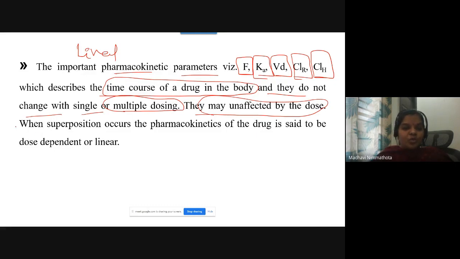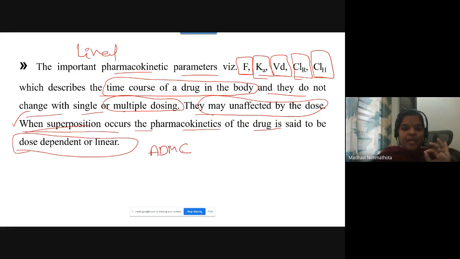So when this superimposition occurs, the pharmacokinetics of the drug is said to be dose dependent or linear. Generally, our aim is that ADME is superimposed to derive the PK parameters, irrespective of single or multiple dosing.